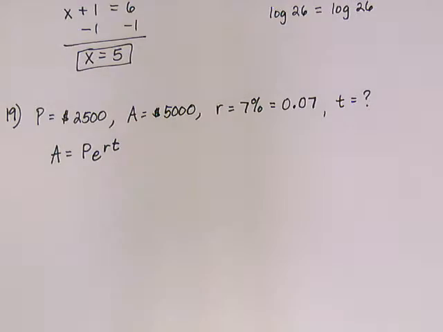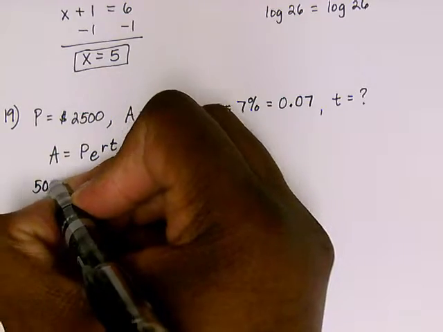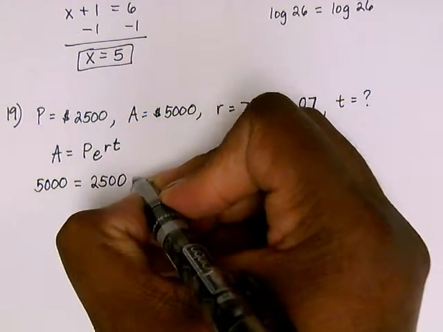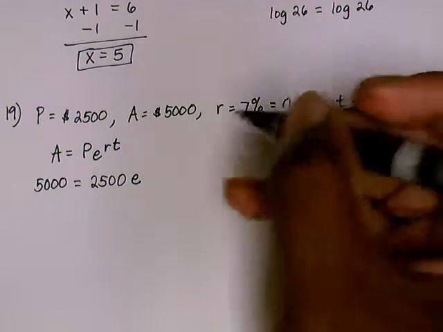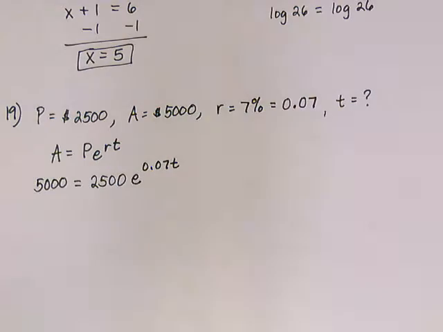It just asks how long, so the time is what we're looking for. Now your A is 5,000, so we have 5,000 equaling P, that's 2,500, times e, which is just e, to the R, which is 0.07, times T. So now we have an exponential equation that we're going to need to solve for T.